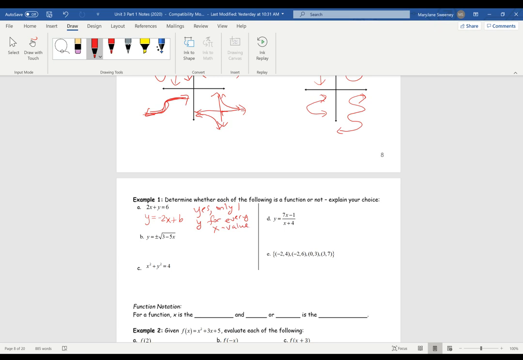Now, in B, since it has the plus or minus, I'm going to say no. There'll be 2 values of y for most x values, really all x values except, if you put 0 in for x, you'd get plus or minus 3, right?